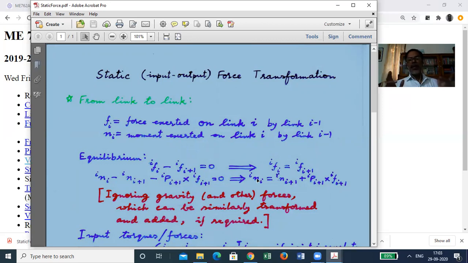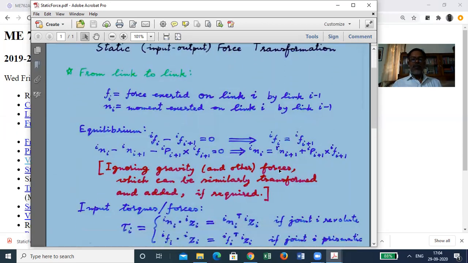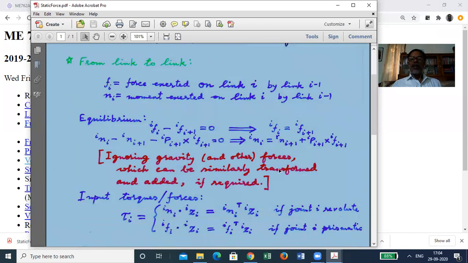Now, in the frame of reference I, since you are anyway expressing it, if the joint is revolute, then all 3 force components, X, Y, Z, will be joint reactions, because it is because of the design that because of the force it is not running away.